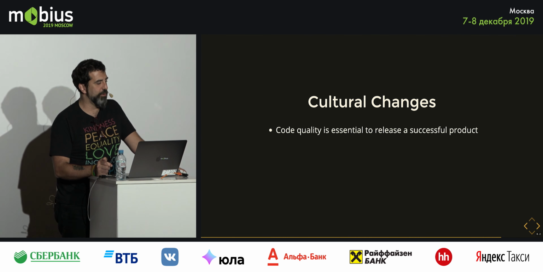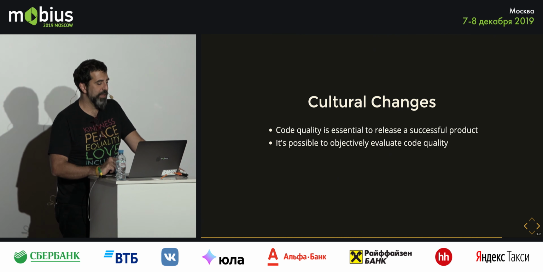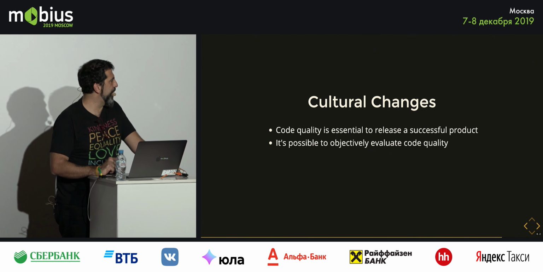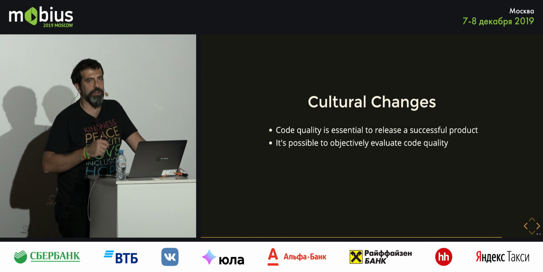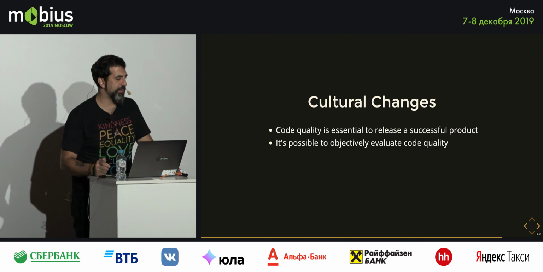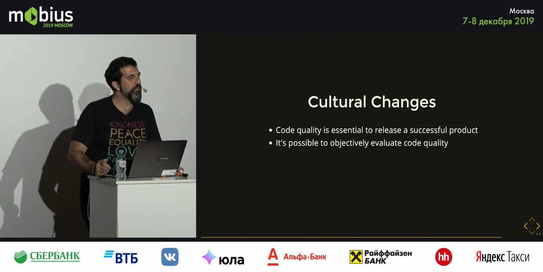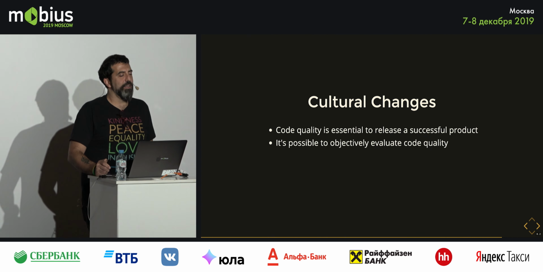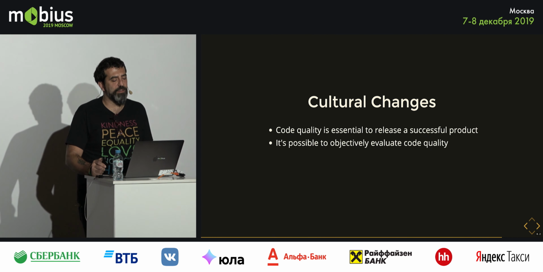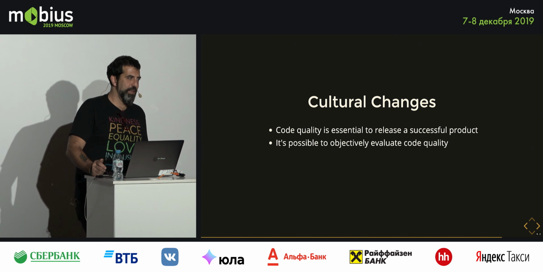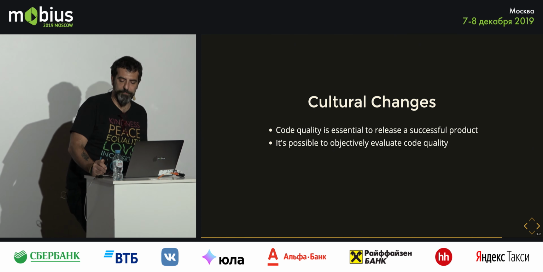Someone is using it, also other developers. It's possible to objectively evaluate code quality. So instead of using metrics like how many complaints, how many conversations are blaming the quality of the code, with mutation testing you can absolutely be sure about the quality of tests and the quality of code.